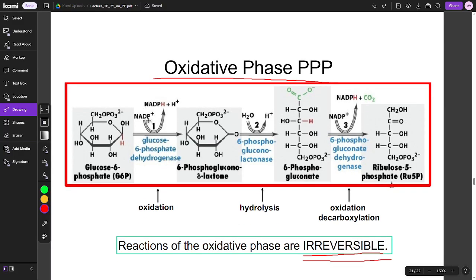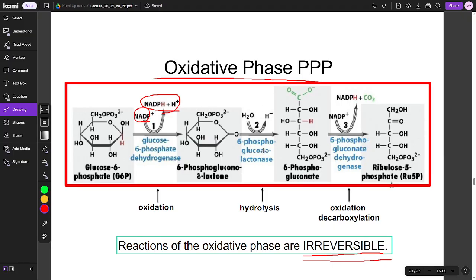So we're using our NADP plus to make an NADPH, using glucose 6-phosphate dehydrogenase to make 6-phosphoglucanolactone. And it's a lactone because it is a ring sugar that has this ester group. That is a lactone, the 6-phosphoglucanolactone.